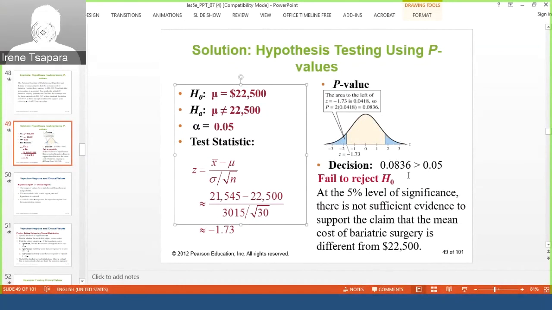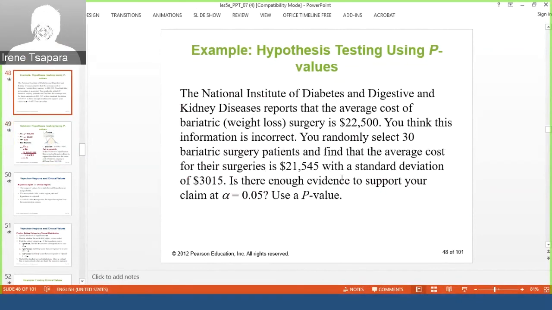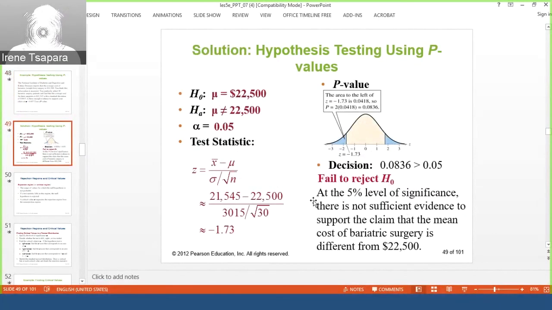In this case, the number is greater than 0.05, so I fail to reject the H0. My claim is, what does it say? I think that the information is incorrect, so I think that the average cost is not 22,500. So my claim is the alternative hypothesis.